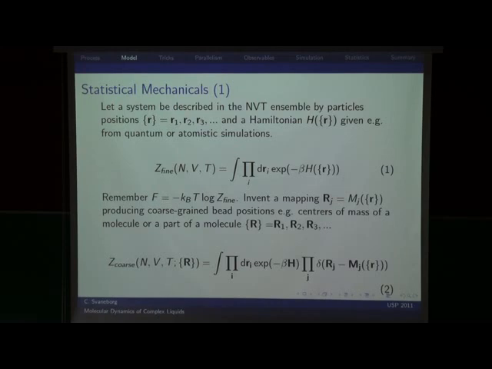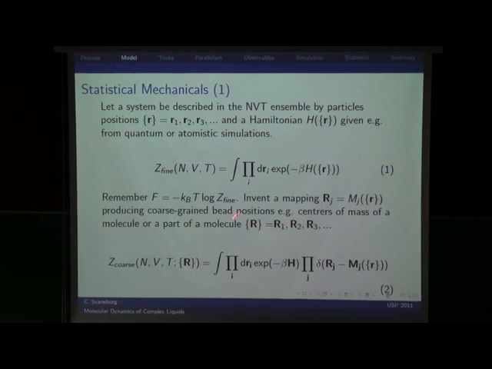The point is now that we can invent a mapping that takes all the microscopic degrees of freedom, averages some of these, and returns, for instance, the center of mass of a group of atoms. I call those capital R. So these would be coarse-grained positions of the beads that we use to represent the model. So I can say that we have a coarse-grained description of the system in terms of where all the beads are.